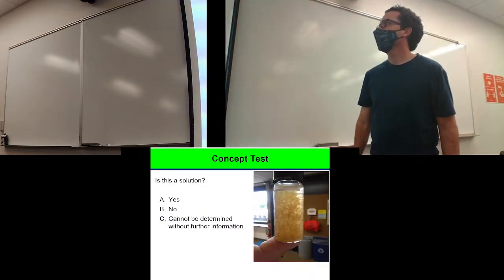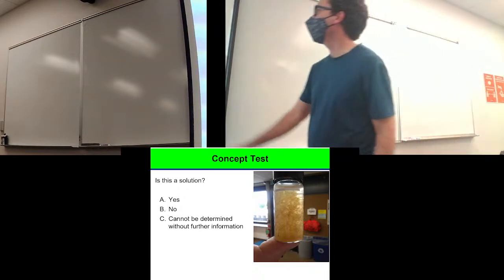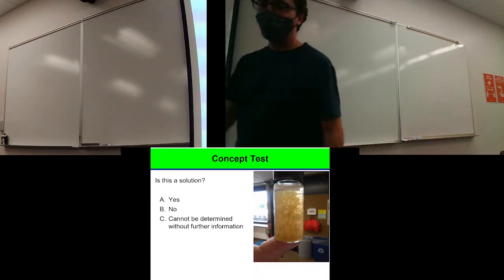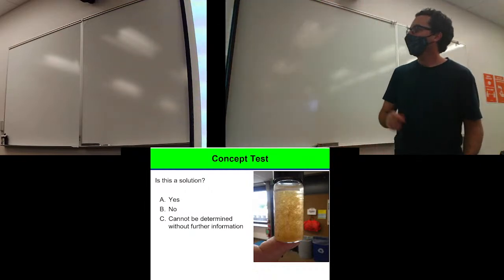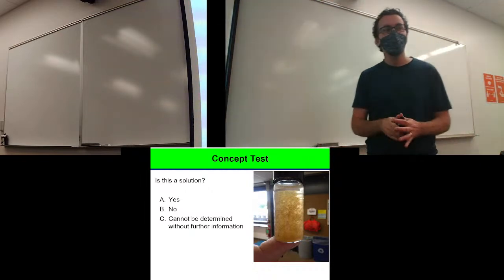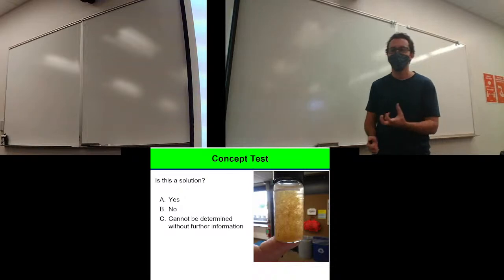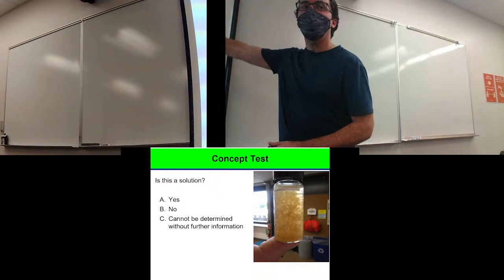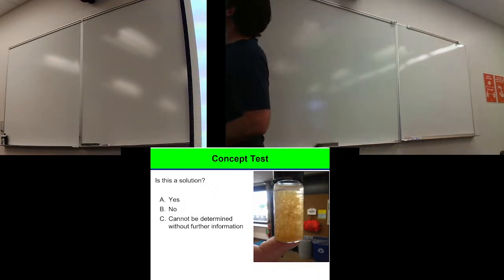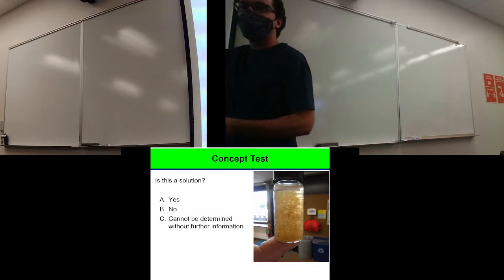So, is this a solution? Hopefully you take a look at this and you say, no. And that's because a solution, again, is homogeneous, however you like to say it. You can visibly see two different things. You can see liquid water, or some liquid, and you can see something solid in there.